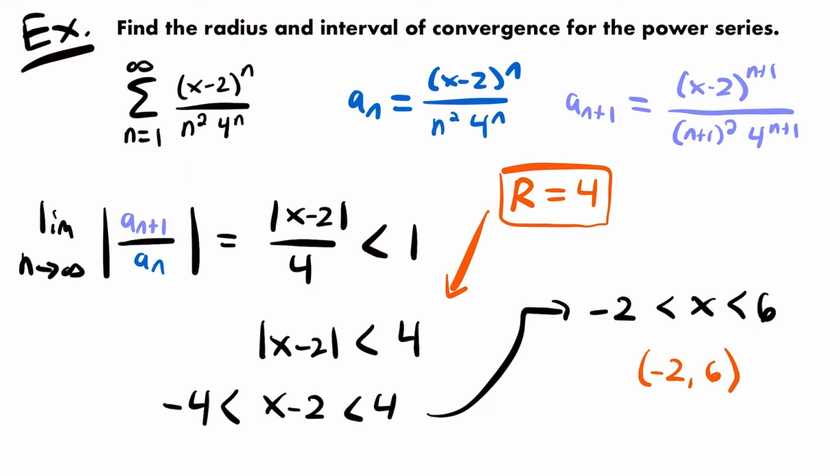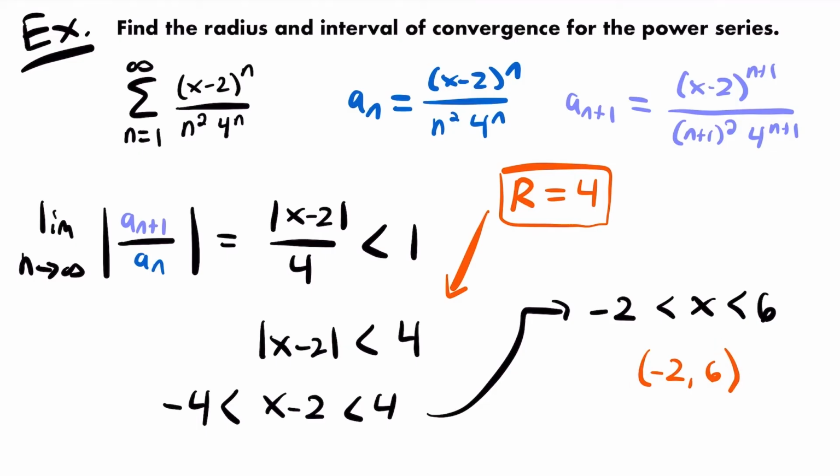So what I mean by that is we are going to plug in x equals negative 2 and x equals 6 separately into this power series and test the convergence of that resulting series. And so if that series is convergent, then we will change an open bracket to be a closed bracket to include that endpoint. But if the resulting series diverges, then we will leave the bracket as an open bracket.